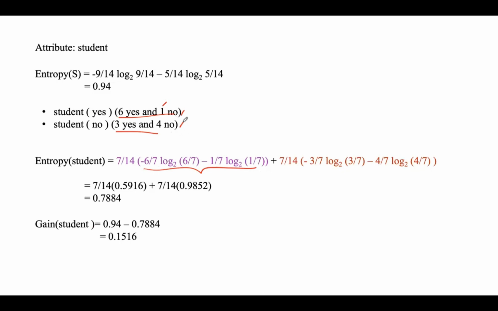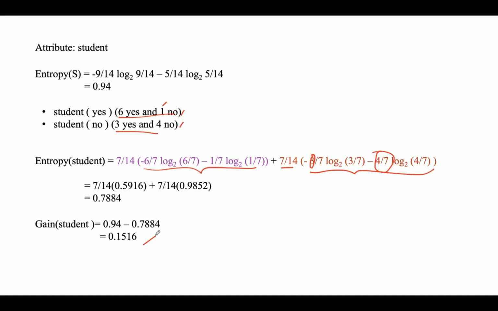Next, the second category, 3 plus 4, that is 7 by 14. The entropy for the second one has 3 yes, so the proportion of positive examples is 3 by 7 and of negative examples is 4 by 7. So the information gain of student is 0.1516.